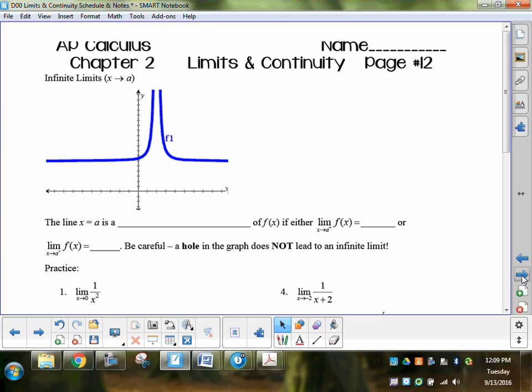Next one up. Now, these are going to get, well, this is still, relatively speaking, a pre-calc topic. That line, x equals a, is going to be what we call, if it looks like, this piggybacks off of what we talked about before.